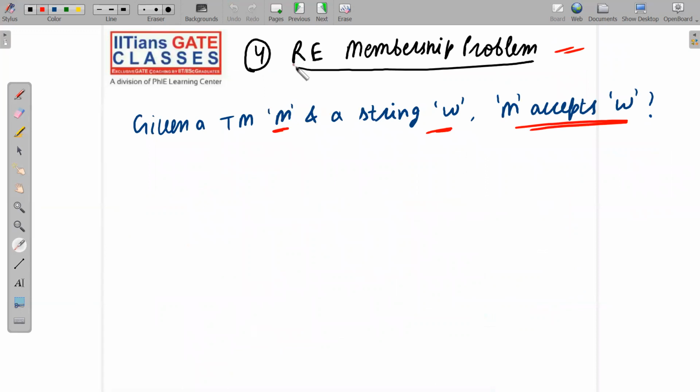M accepts W means that M will halt on W. But we cannot say whether M will halt on W or not, because for accepting it must halt. I hope I have made the point clear. So this is the RE membership problem, and it is again an undecidable problem. I'm saying it is one of the undecidable problems for Turing machines because I have given you the hint about Turing machines only in this problem.